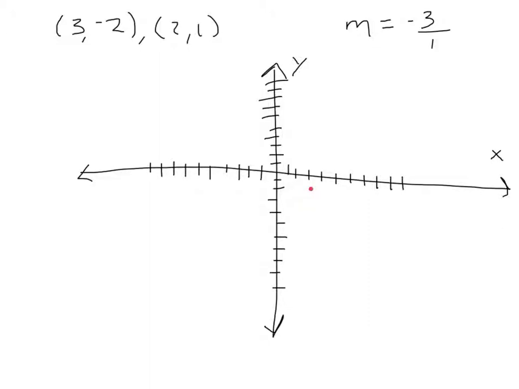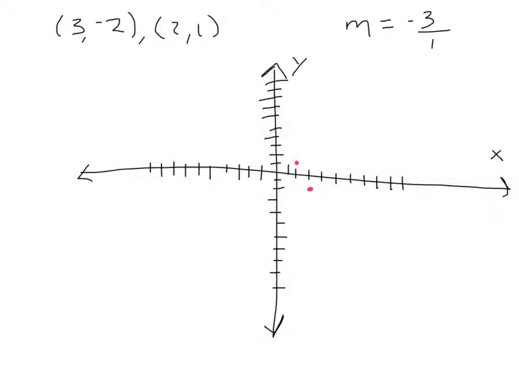So bam, there's 3, -2. Then for 2, 1, we go to the right 2, we go up 1. So, right, I missed. So 2, 1 is right there.